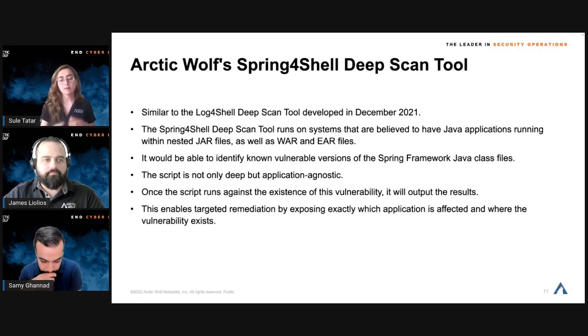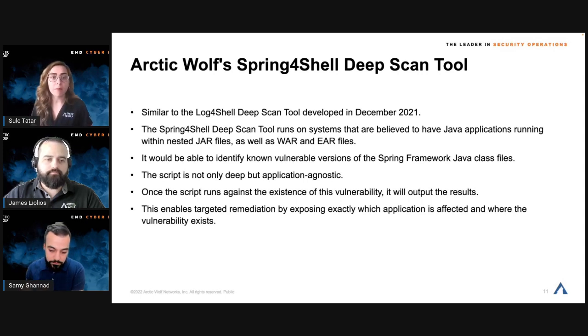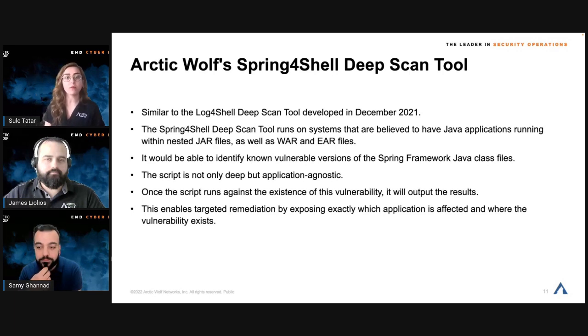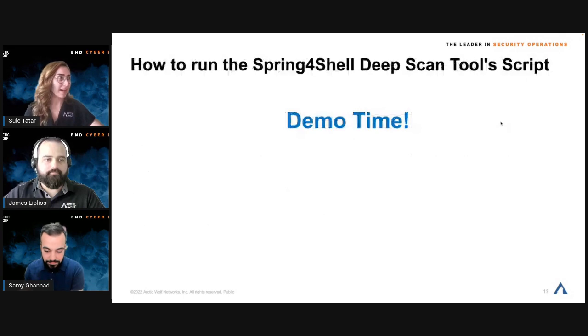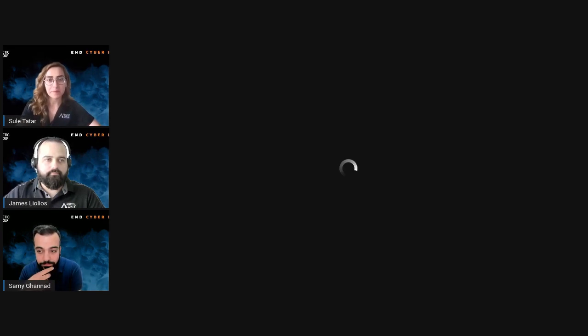This script is really similar to the Log4Shell Deep Scanning tool that we developed back in December to respond to the Log4Shell vulnerability. I would like to make those clarifications before we jump to the demo that you put together. All right, with that, Kyle, we can run the demo now.